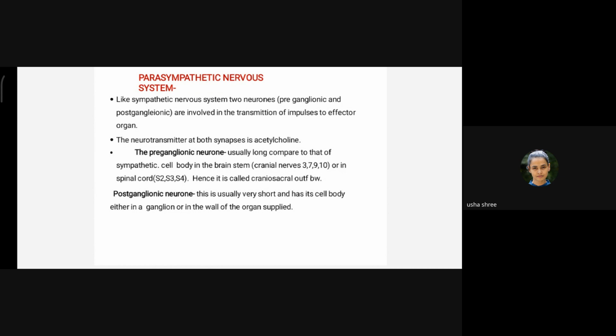Now tell me, what consists of the brain stem? Pons, medulla oblongata, and the midbrain. Yes, very good. Midbrain, pons, and medulla oblongata. So in these portions, the cell body of the preganglionic neuron is situated in the parasympathetic nervous system.